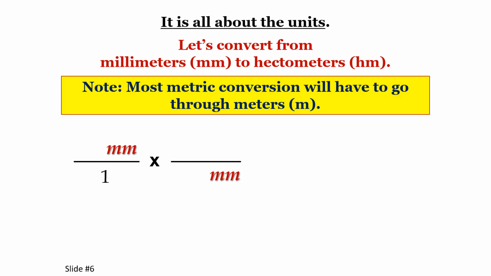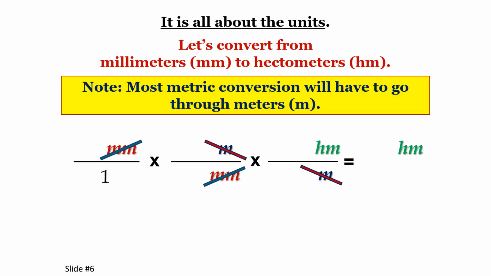I don't want millimeters. So I'll cancel the millimeters, go to meters. But I don't want meters. So I'll cancel the meters to get to hectometers, and I'm just left with hectometers.